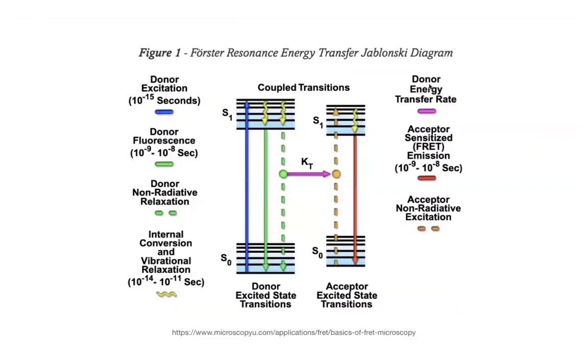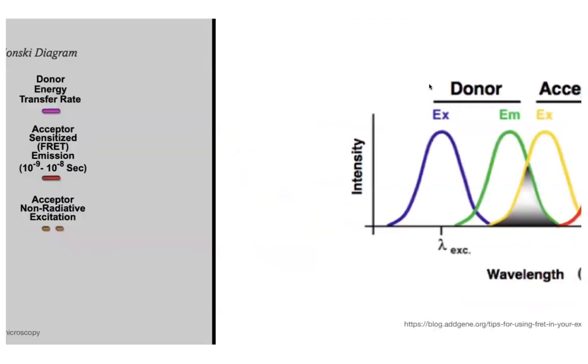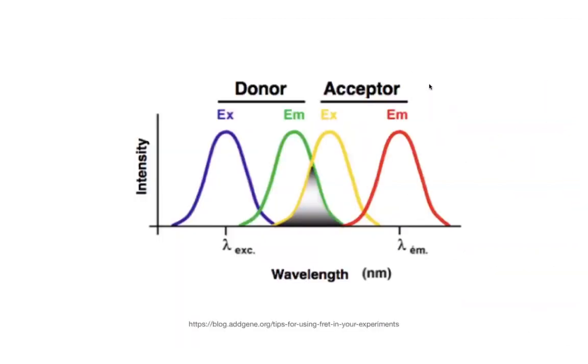Actual Jablonski diagrams will look something more like this. You can see that you have these different energy levels and you get this transfer of energy if the energies match between the light that's given off by the first one and the light that's absorbed by the second one. And remember that when we talk about the light that's given off or absorbed, we're talking about our excitation and our emission, and we're thinking in terms of wavelength, which is this lambda.